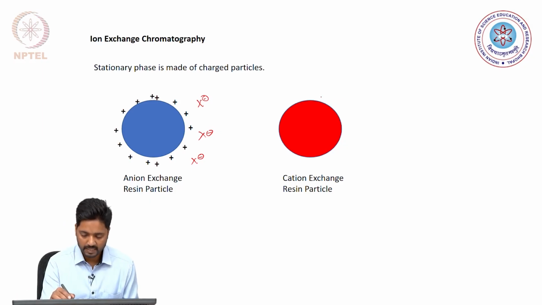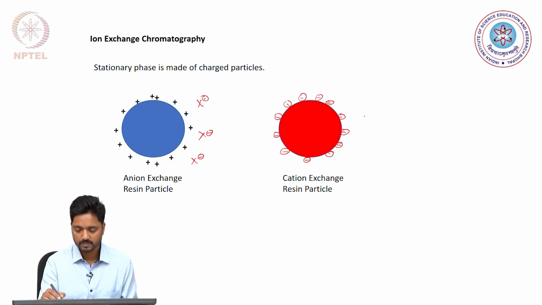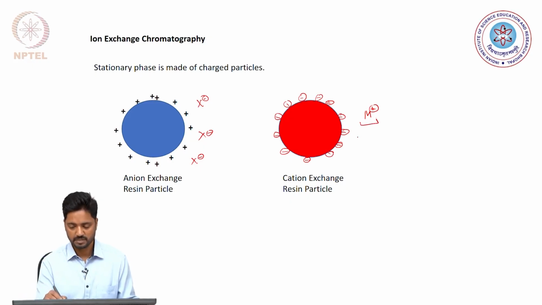Similarly, the cation exchange resin has anionic charges on the surface, and they have exchangeable cations present in them, which undergo exchanges.